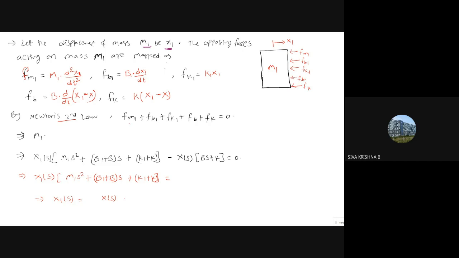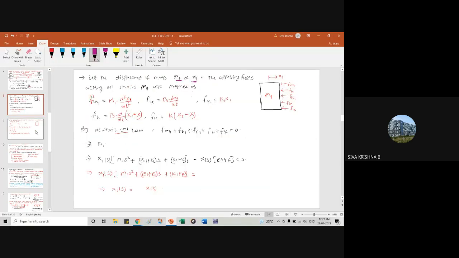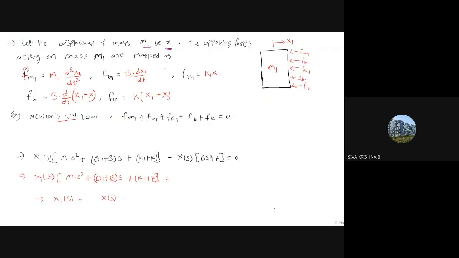That is Fm1 plus Fb1 plus Fk1 plus Fb plus Fk equals 0. So write all those here.